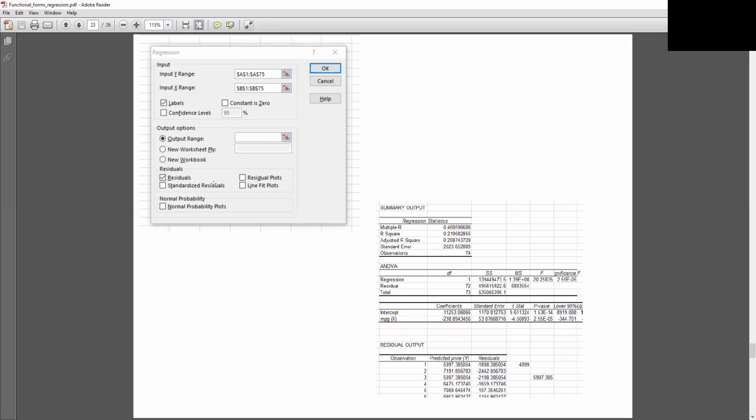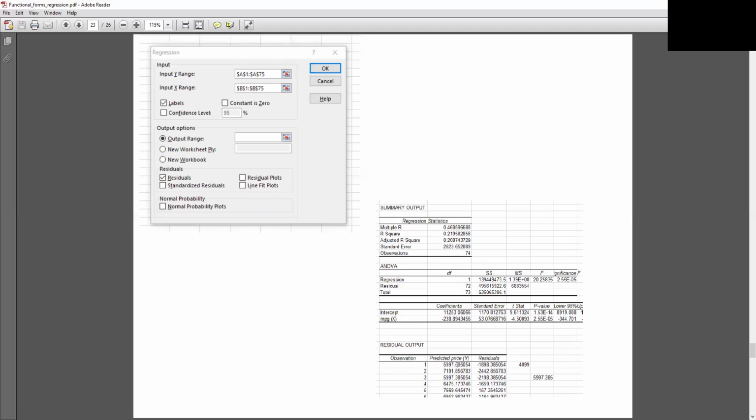When you tick residuals, in the output table you'll have regression statistics, ANOVA, and coefficients. Apart from that, you'll also have residual output, where you have the predicted value of y.